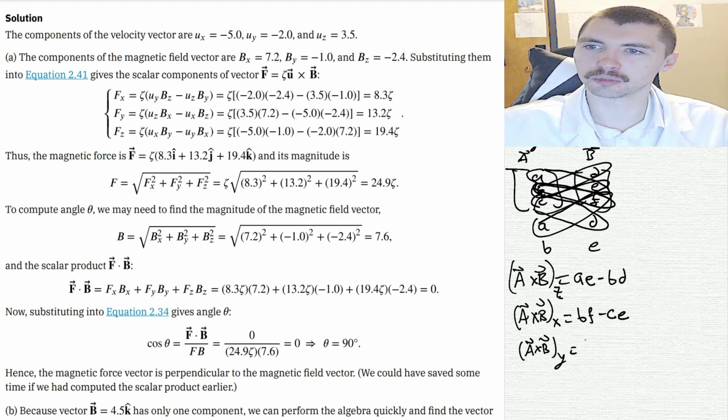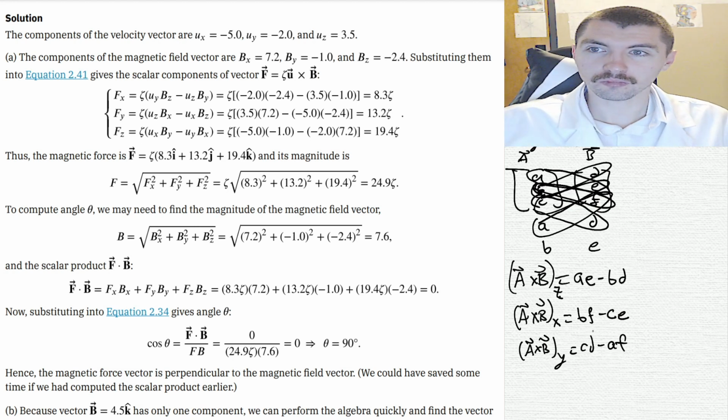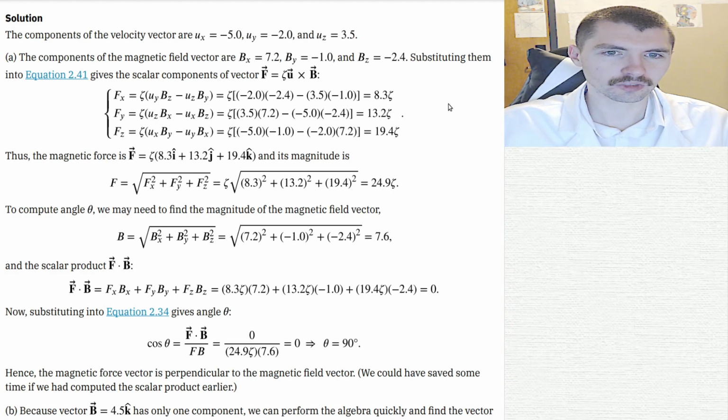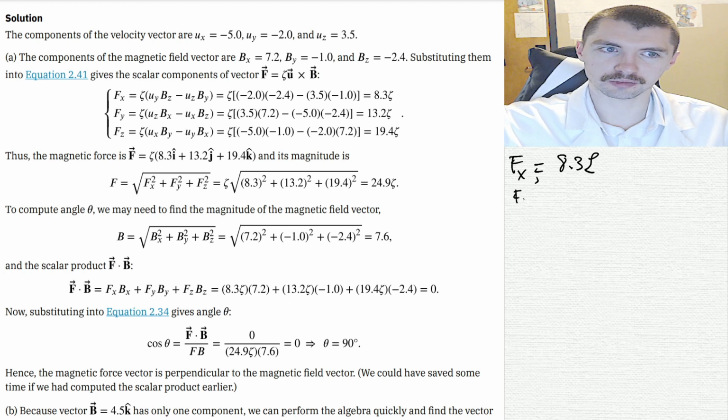And the Y is going to be CD minus AF. So when you're doing the cross product, you just gotta start with Z. So it's ZXY if you're doing it this way. So now we know fx magnitude is 8.3 zeta.